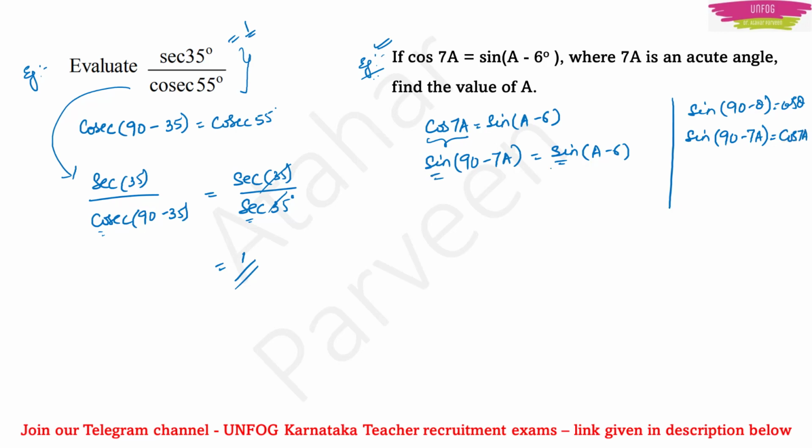Now both sides of the equal symbol are sines, so I can write 90 minus 7a is equal to a minus 6. I'll put things on one side. So I will have 8a is equal to 96, or a will be equal to 96 upon 8, or a will be equal to 12 degrees. That is the answer.